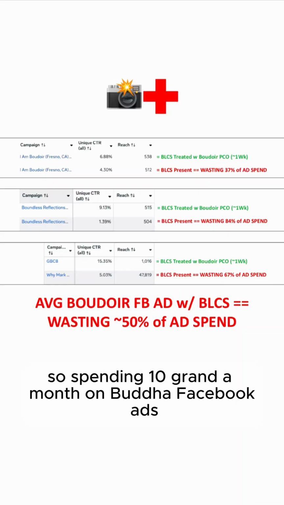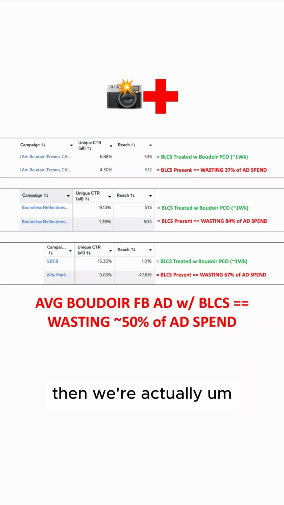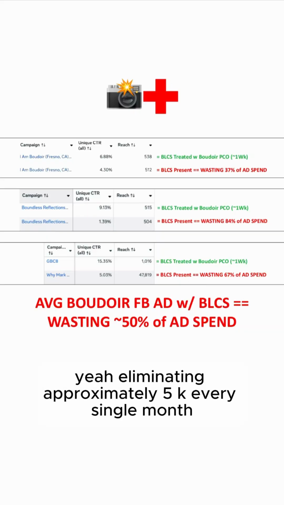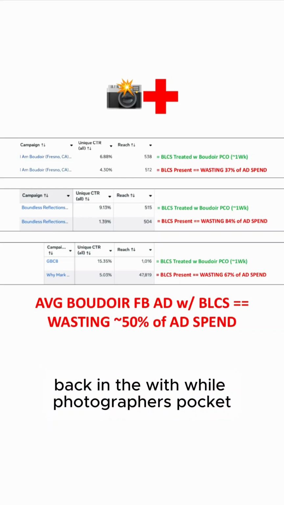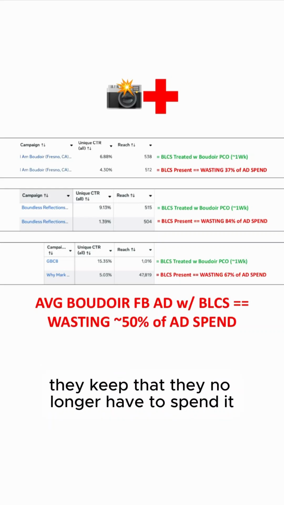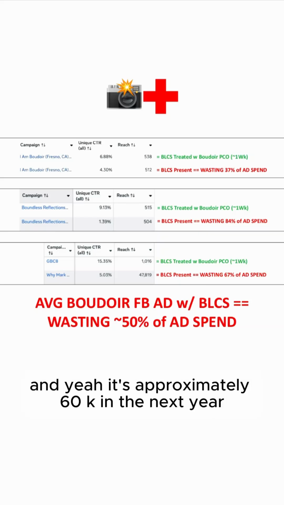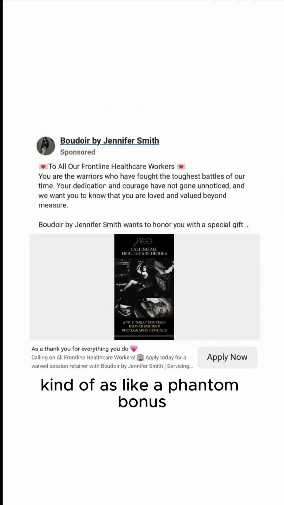So spending 10 grand a month on Boudoir Facebook ads, then we're actually eliminating approximately 5K every single month back in the Boudoir photographer's pocket. They keep that, they no longer have to spend it. And it's approximately 60K in the next year bonus.